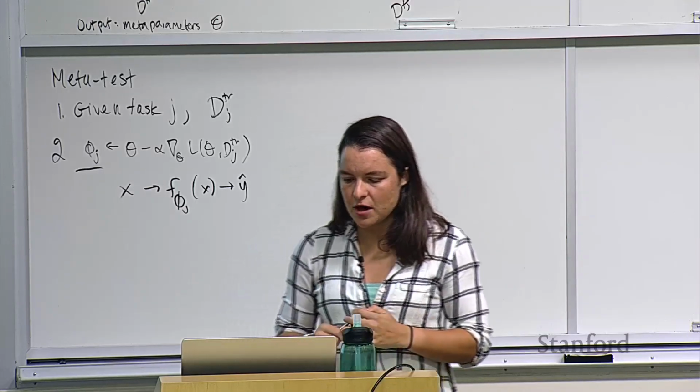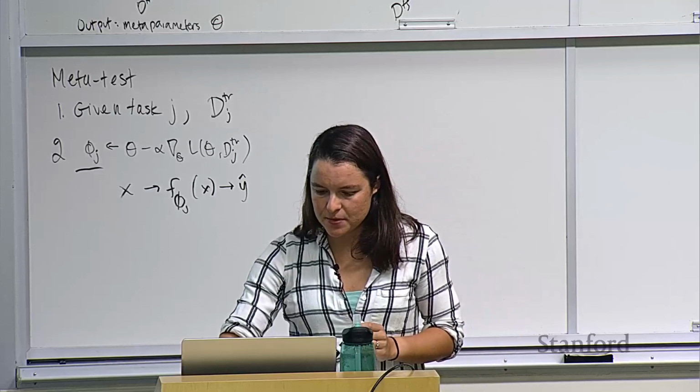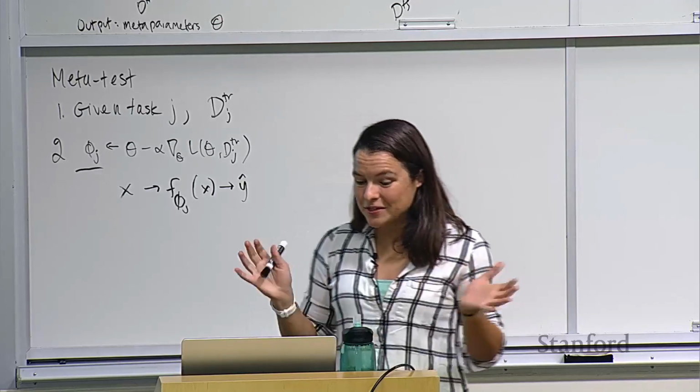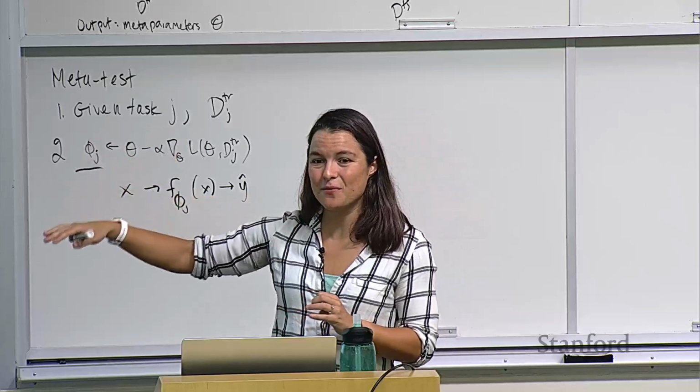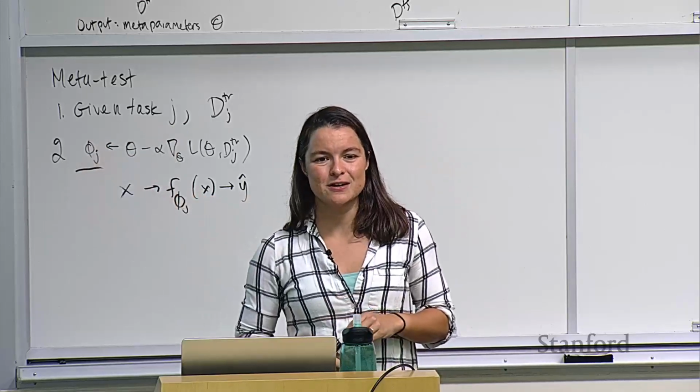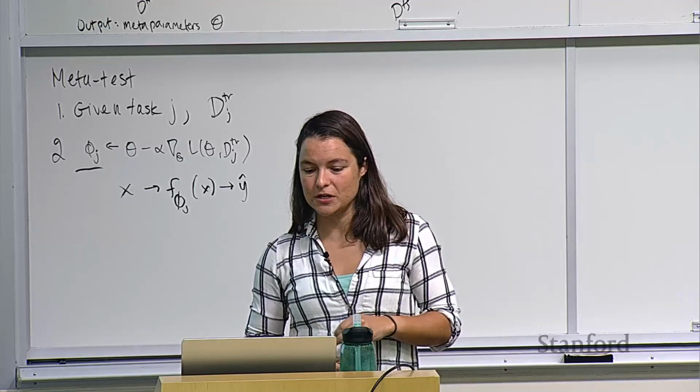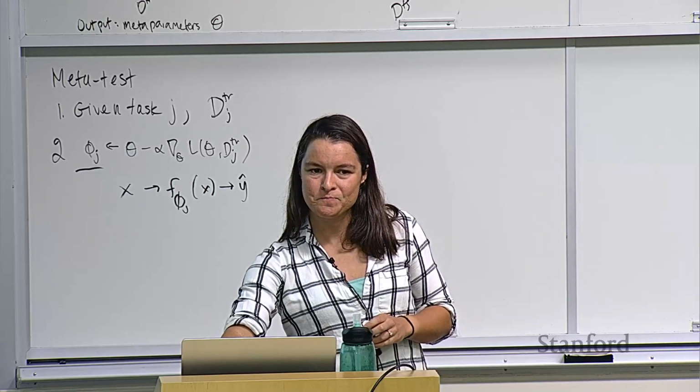Cool. So we've already gone through the algorithm on the board. Again, the only difference from the black box approach is that instead of running the training data set through a neural network, we're going to run gradient descent starting from our initial meta parameters.